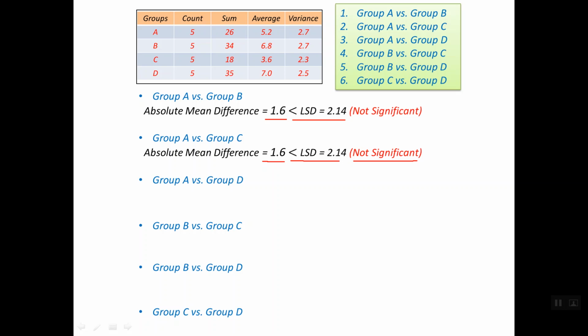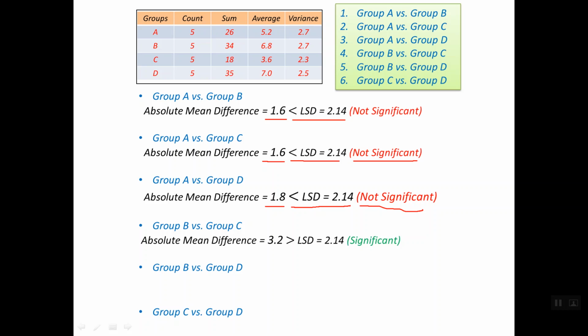So we conclude that x bar A is the same as x bar C. Regarding the third pair, the absolute difference is calculated to be 1.8, and again 1.8 is less than 2.14, which is the value of LSD. So again, there is no significant difference between the means for group A and group D, which means that the mean for group A is the same as the mean for group D.